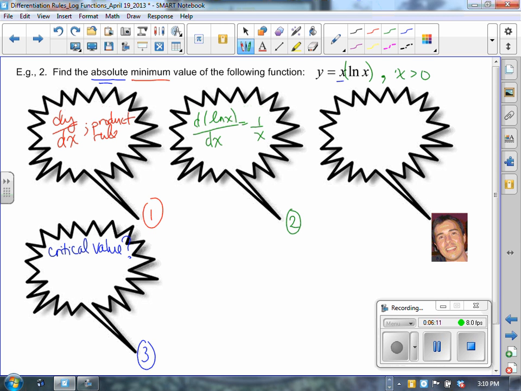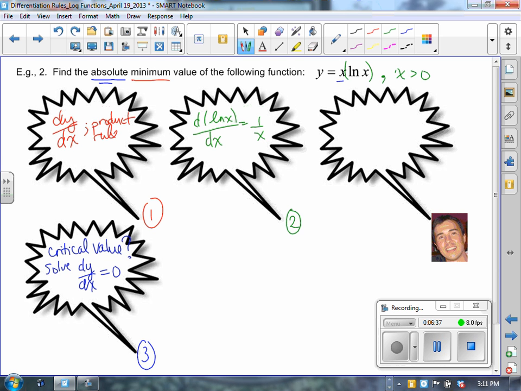So recall how we would set dy by dx to 0 and solve, in order to find the critical value. So there's some particular value of x that is going to produce the absolute minimum in this case.